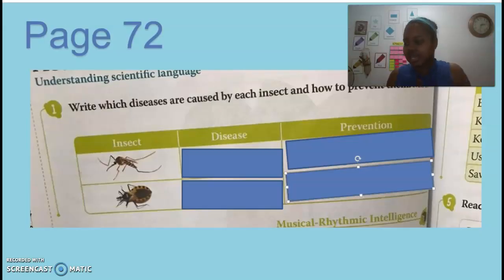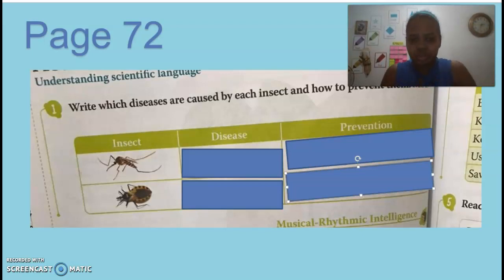So, on your science book, on page 72, you are going to find this chart that I have here. This one, page 72 of your science book.